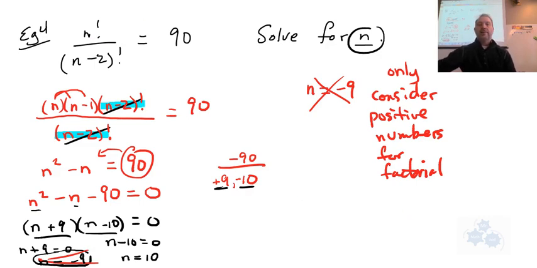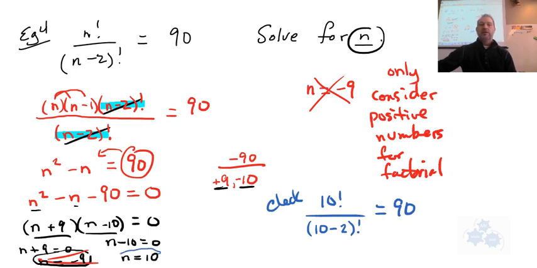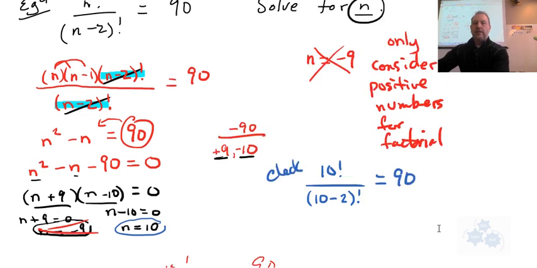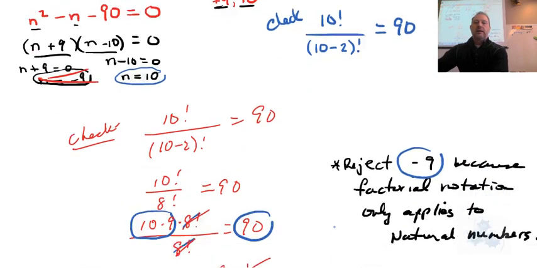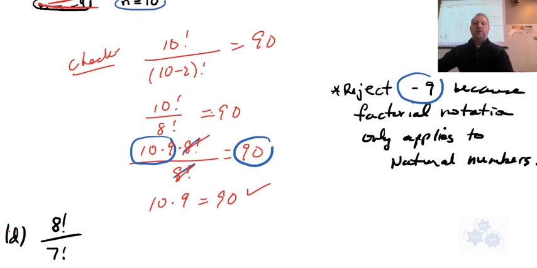Let's check it. Let's do 10 factorial over 10 minus 2 factorial equals 90. So I'm taking one of the solutions that I got here, and I'm just checking it. Actually, I do have the check below here, so let's just skip down to below here.